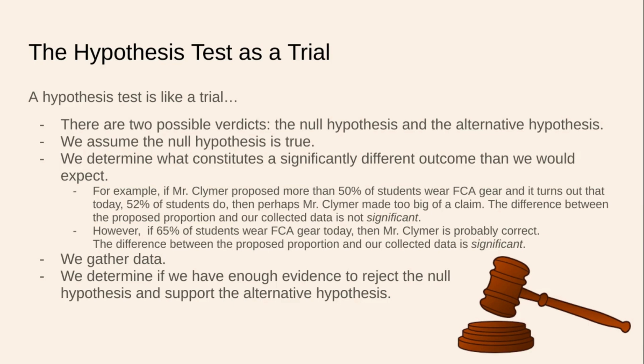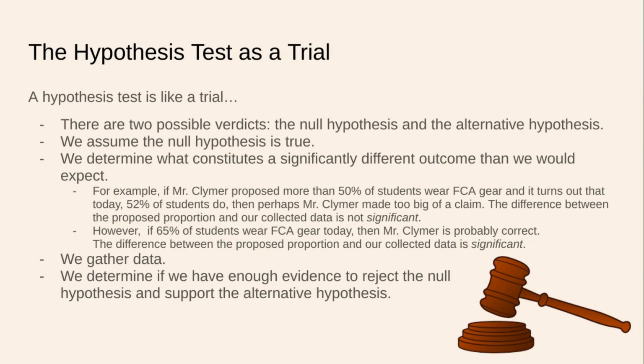Or is the difference not very big and we would say, well, we do not have enough evidence to reject the null hypothesis? That's not saying the null hypothesis is true. We can never ever confirm a null hypothesis, and we'll talk about why that is later in the section. We're only trying to determine if we have enough evidence to reject it.